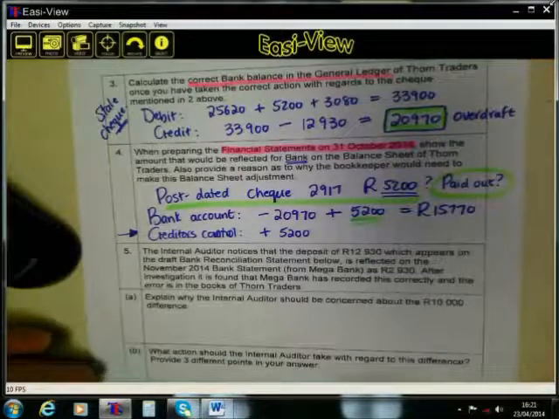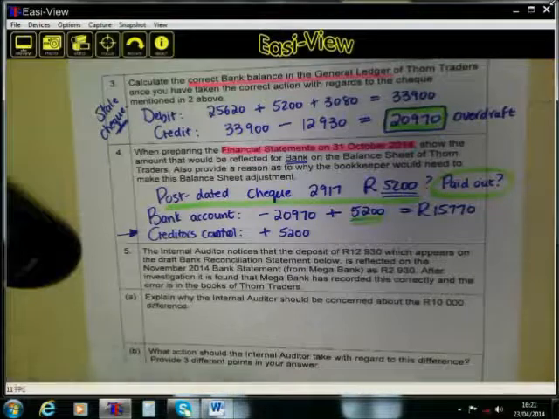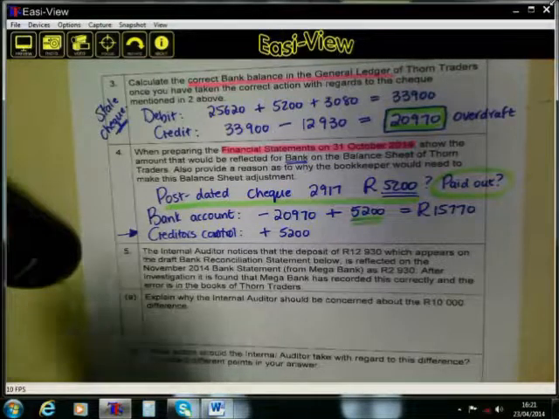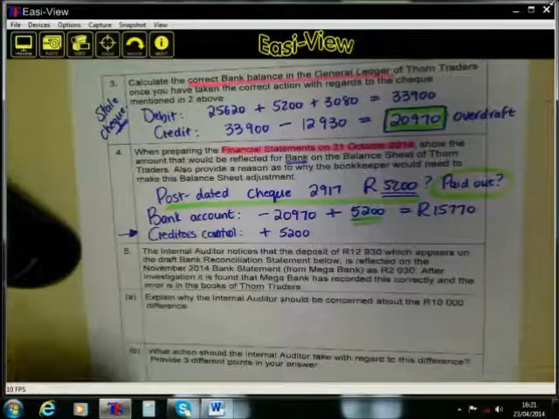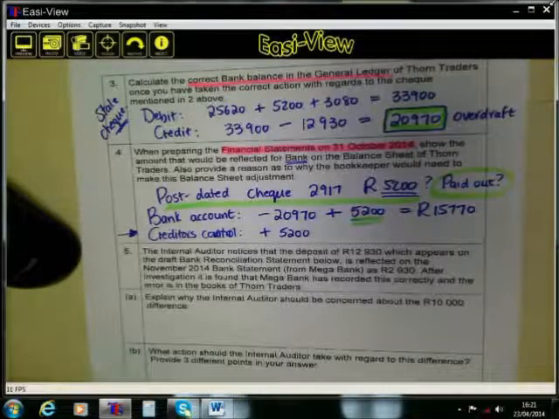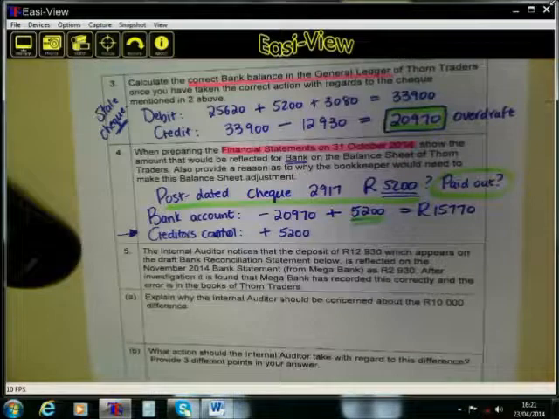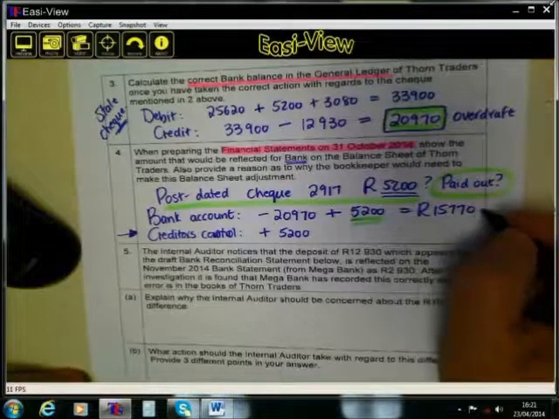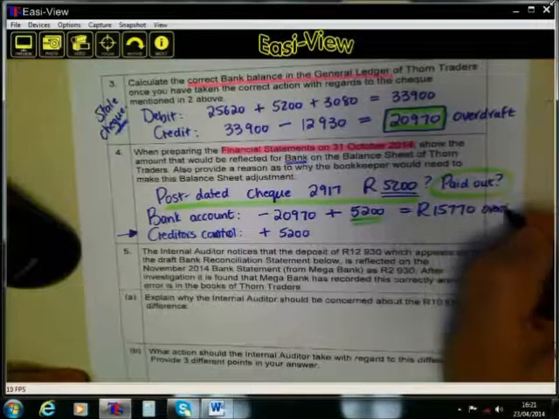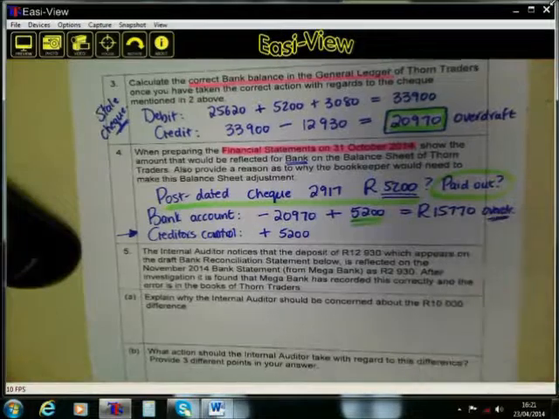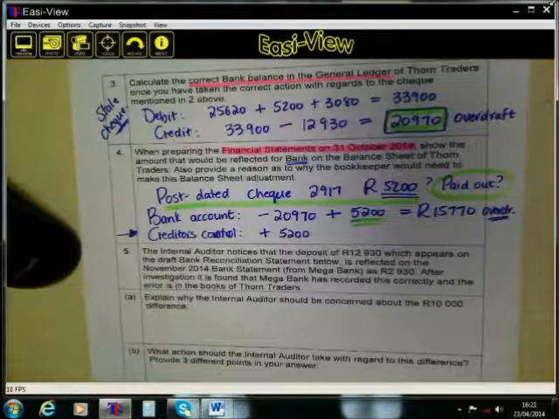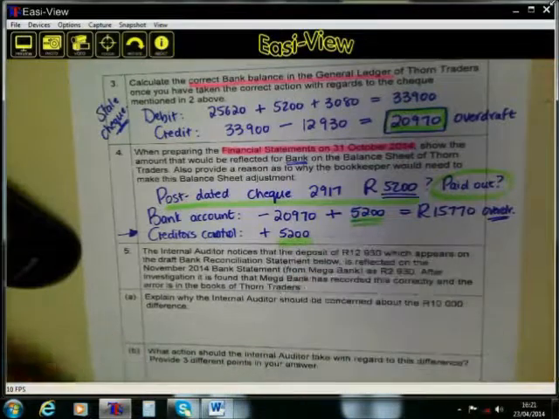So you add it back to your bank account. If your bank account is positive, then it's going to make the positive balance more. But now the bank is in an overdraft, so it makes the overdraft balance a little bit smaller, and you also add it back to your creditors control.